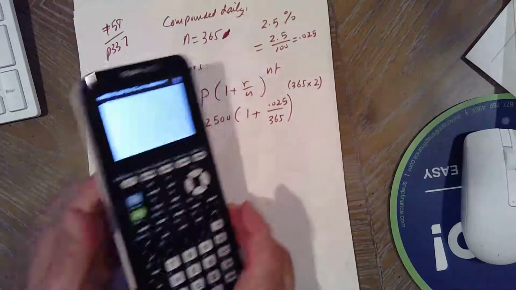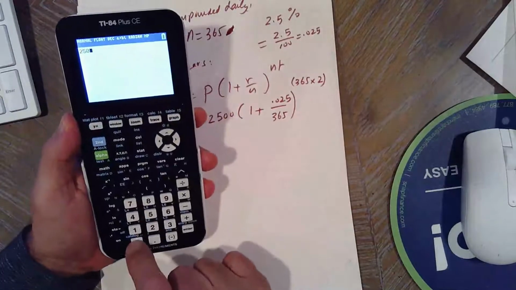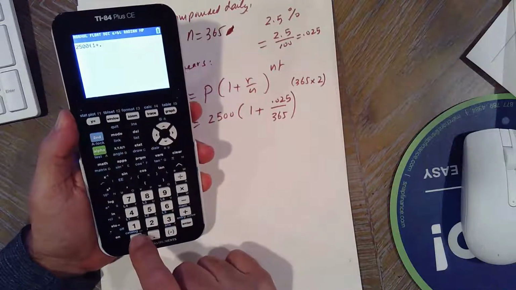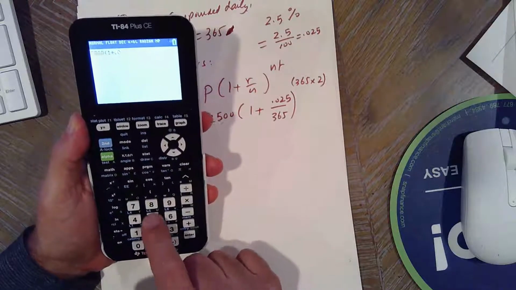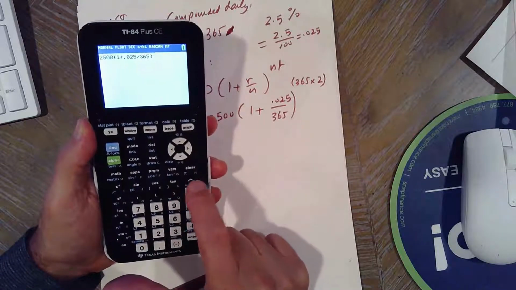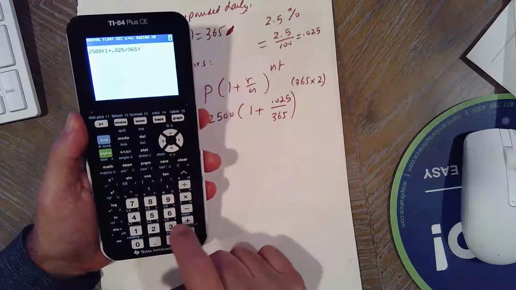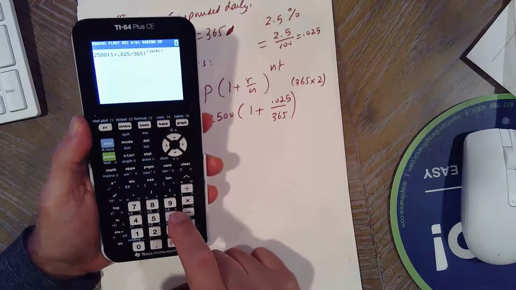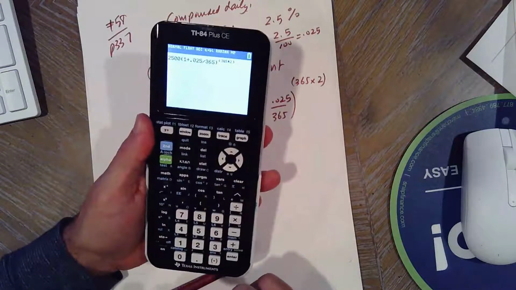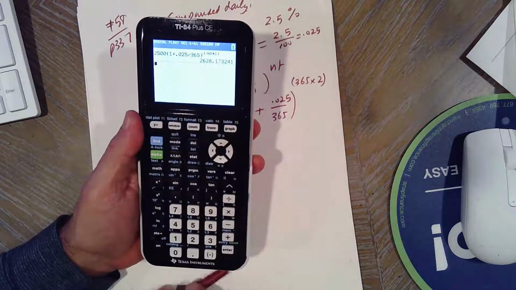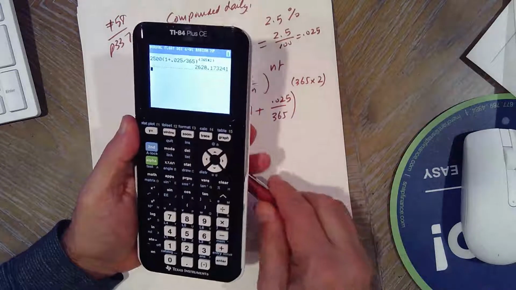So you can put this all in one shot in your calculator. Let's all do that so we don't mess it up on the test. 2,500, left parentheses, 1 plus 0.025 divided by 365, right parentheses, power, and then left parentheses 365 times 2 in the exponent, and it would be $2,628.17.